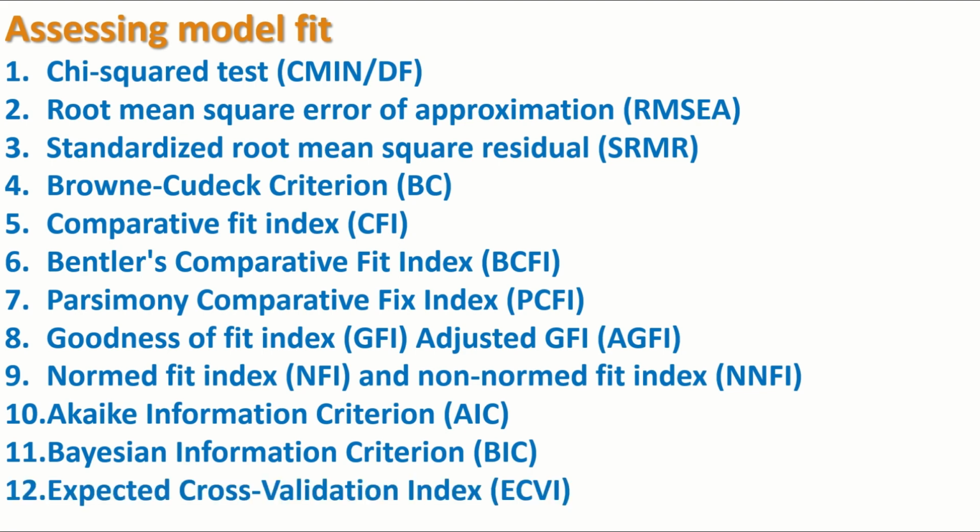And the twelfth is the expected cross validation index. So those are the most listed indices generated as an output from CFA analysis. Not all of them are considered. The most common ones will be described later on.